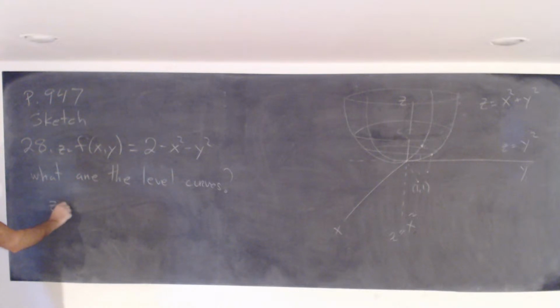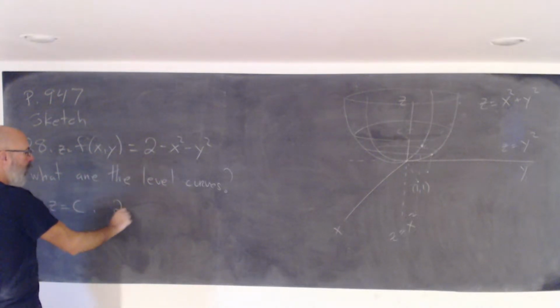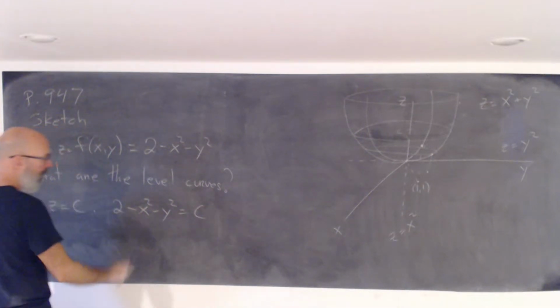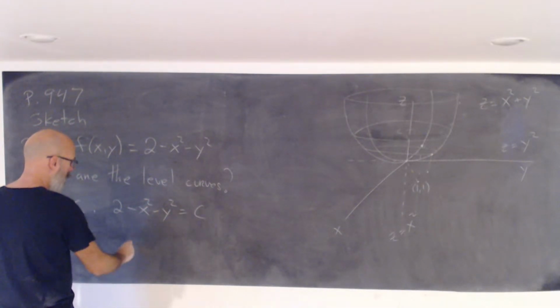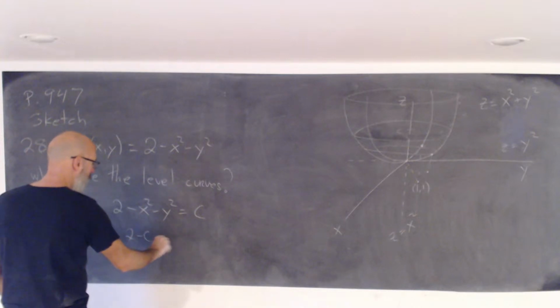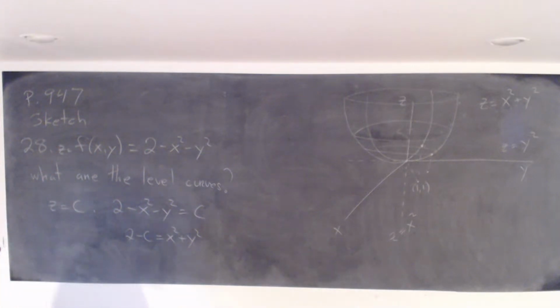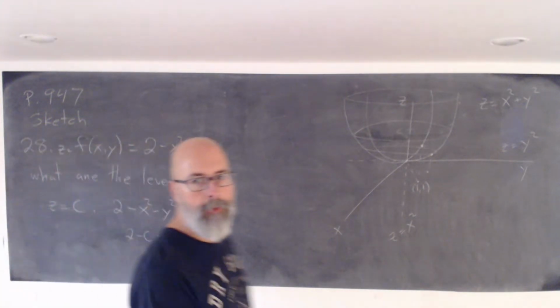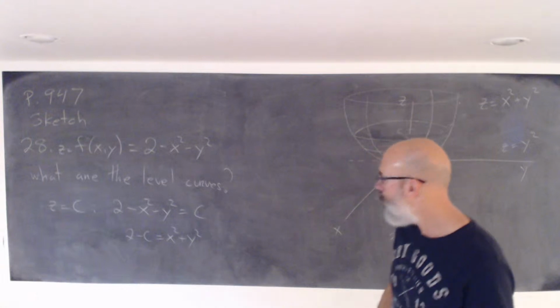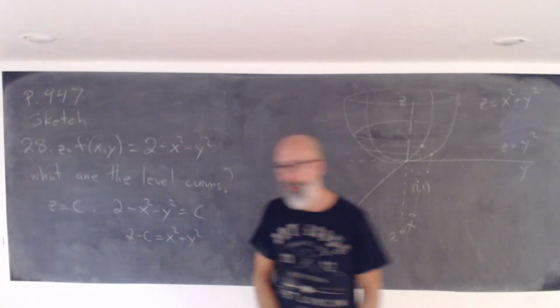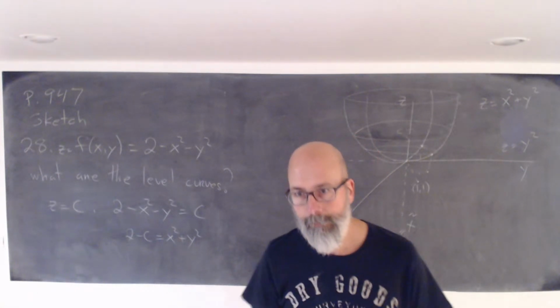So if z is c, we get 2 minus x squared minus y squared is equal to c. If you interchange, we again have circles, in this case of radius square root of 2 minus c, center at the origin.